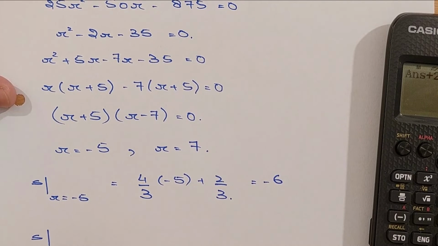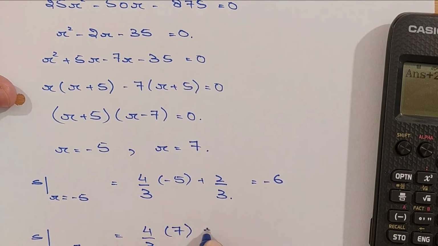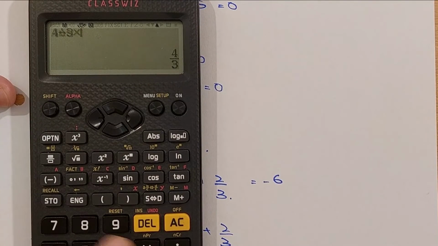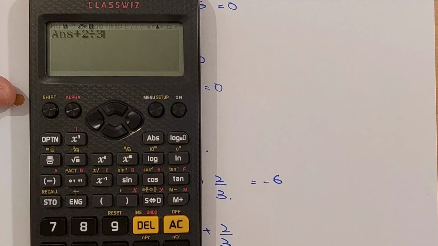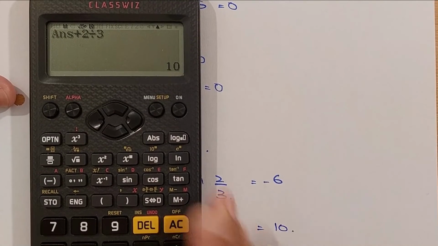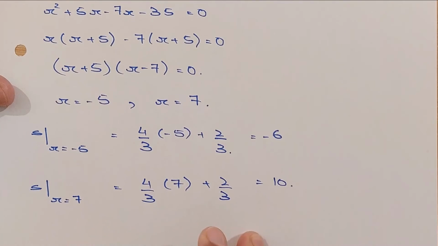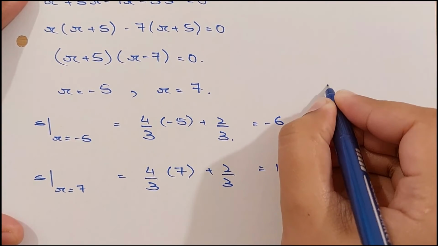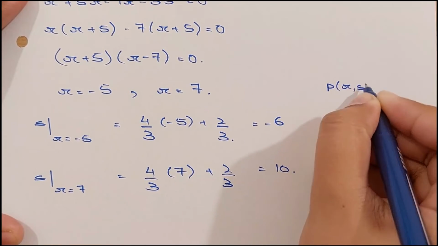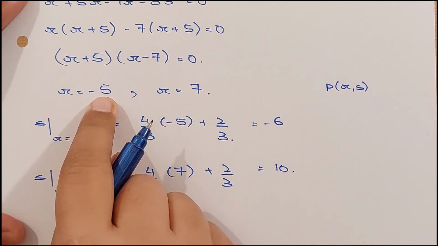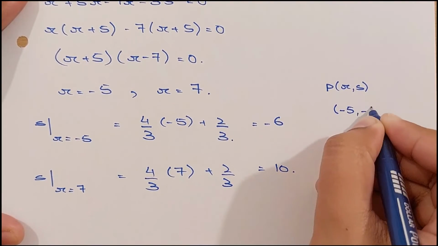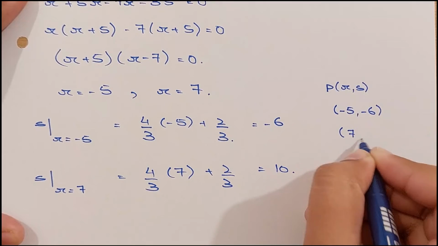And s when r equals 7 is 4/3 times 7 plus 2/3, which is 10. Now the P coordinates are (r, s). So when r is minus 5, s is minus 6, and when r is 7, it is 10.